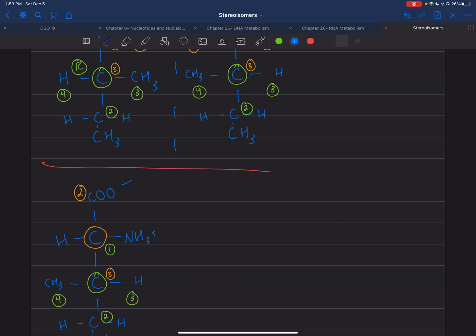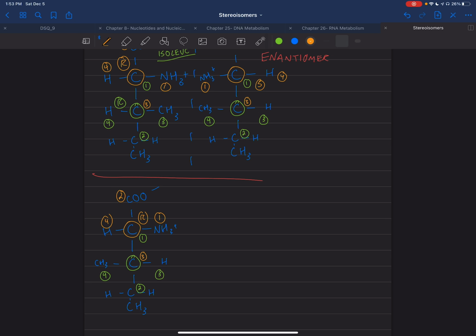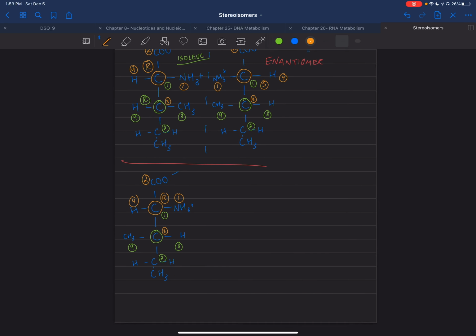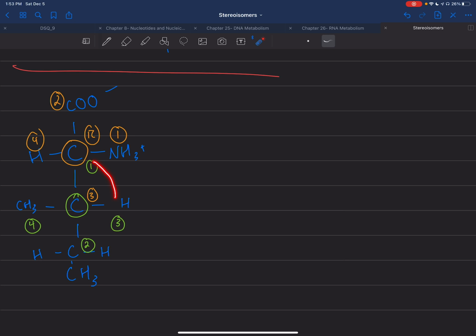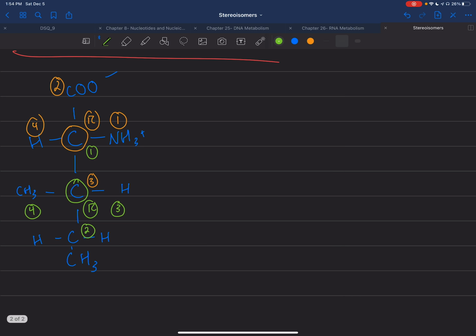NH3 plus, and this was 1, this was 4, this is 1, 2, 3, going to the left, that's going to be R, because still hydrogen is not where we want it to be, which is completely fine. Carbon, we didn't make any changes to. 1, 2, 3, going to the left, so that is also going to be R. This is R. So we have RR, we have SR, we have RR.